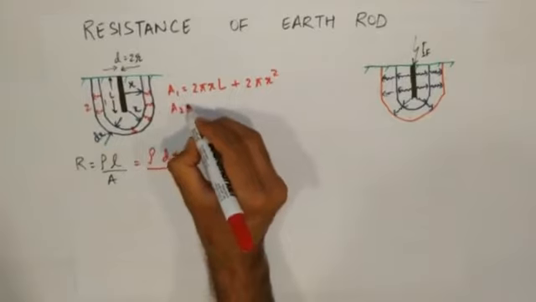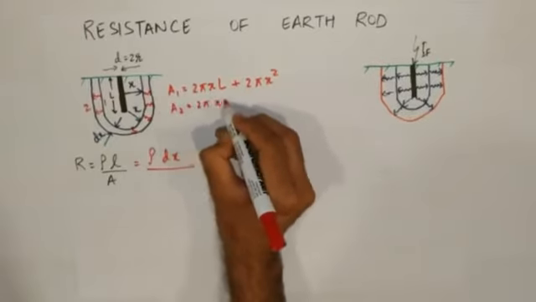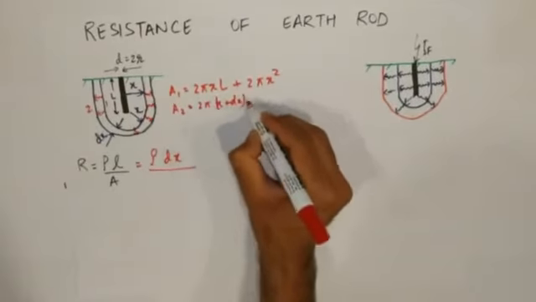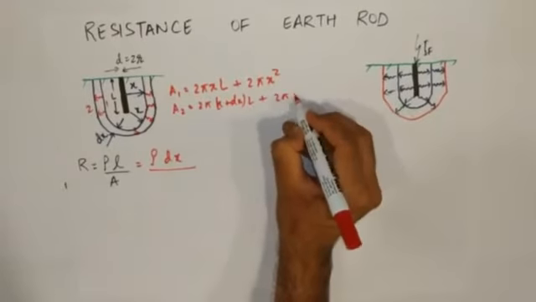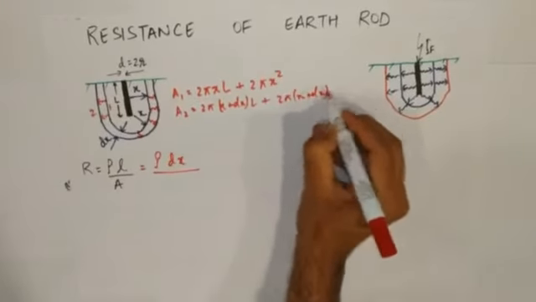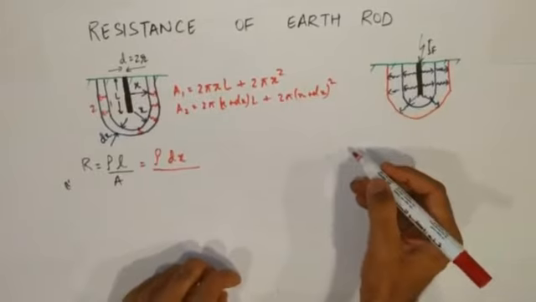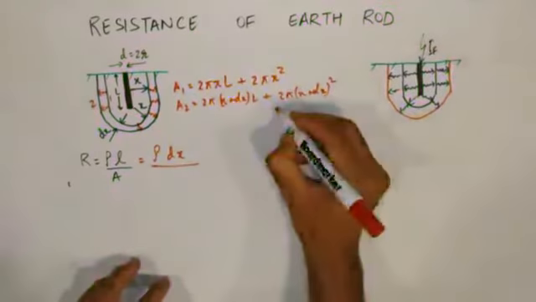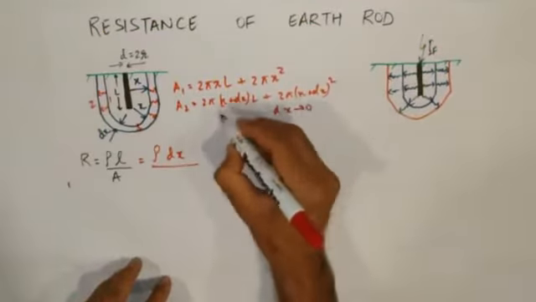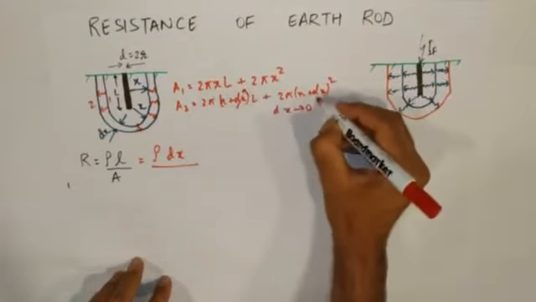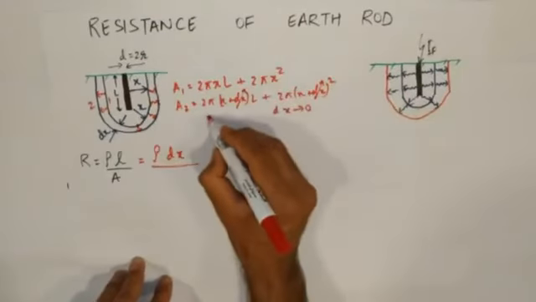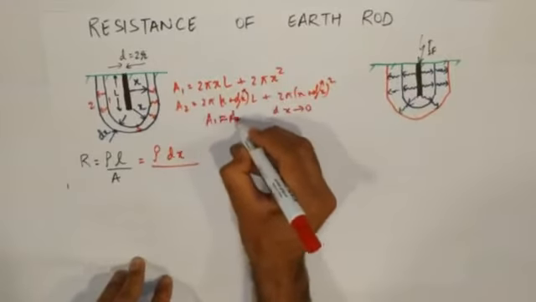Similarly for A2 it will be 2 pi (x plus dx) times (L plus 2 pi (x plus dx)) whole square, and here you see as dx is tending to 0, so this dx will become like x and here also like x. So A1 is nearly equal to A2.